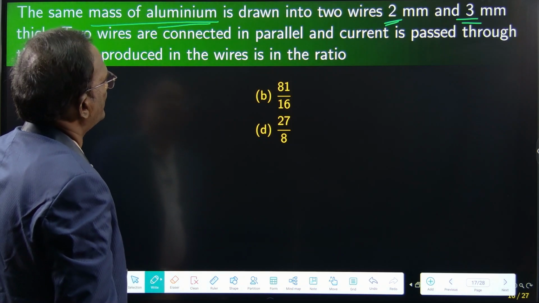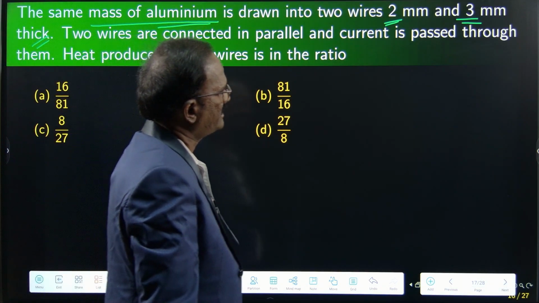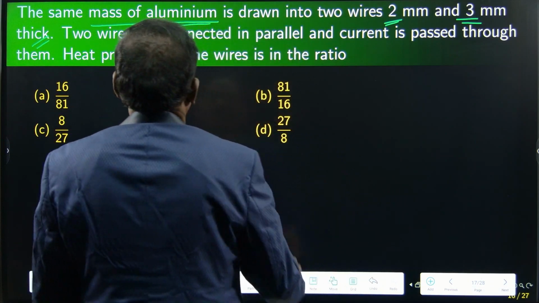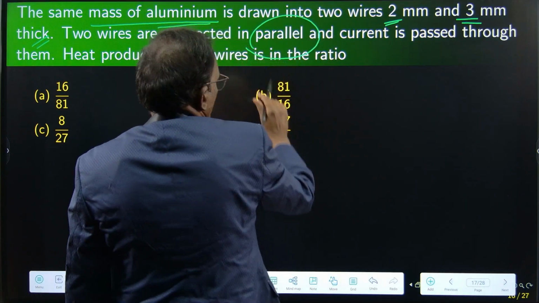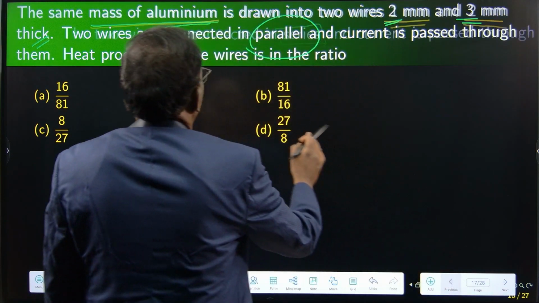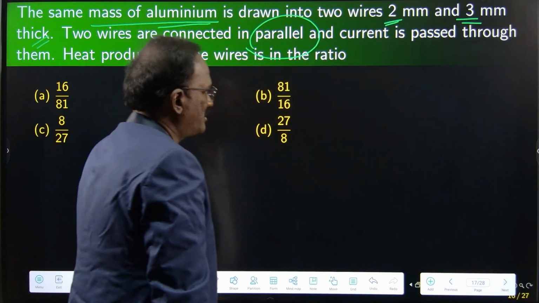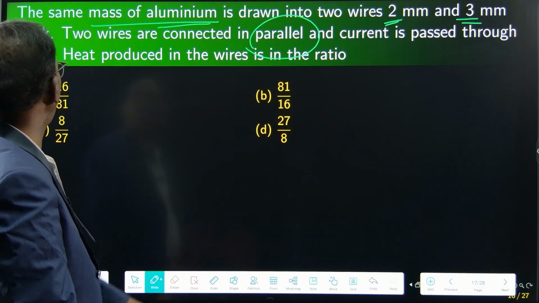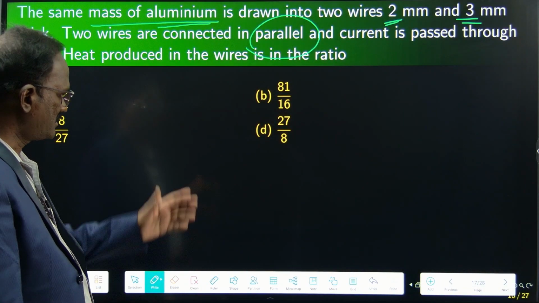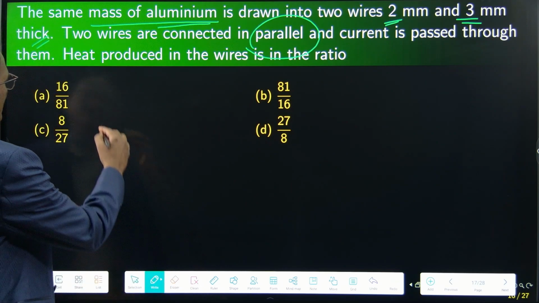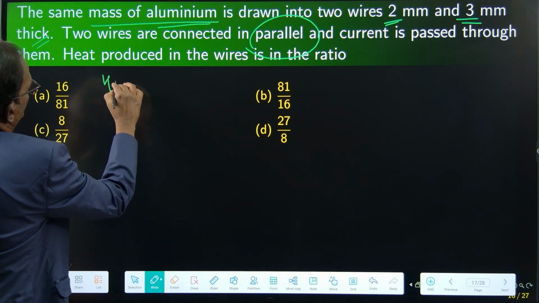The two wires are connected in parallel and the current is passed through them. In the previous problem it was in series, but here it is parallel. Heat produced in the wires is in the ratio? Here it is parallel, so I will use this formula.